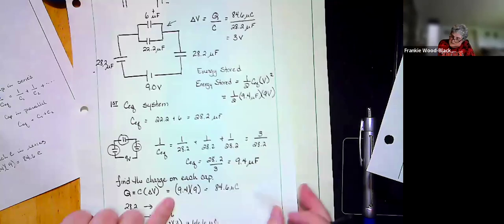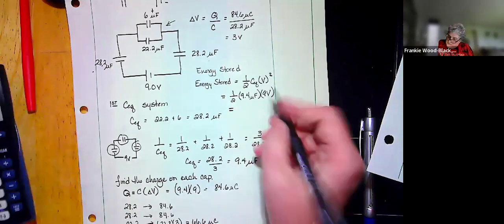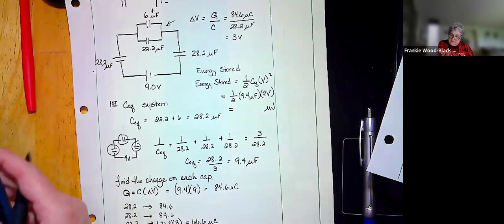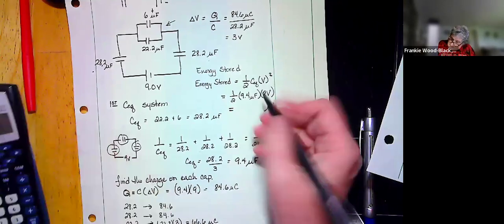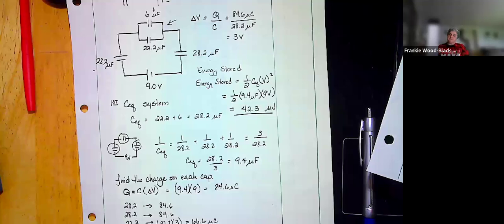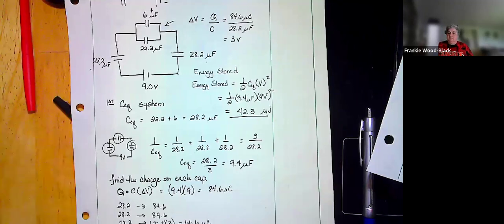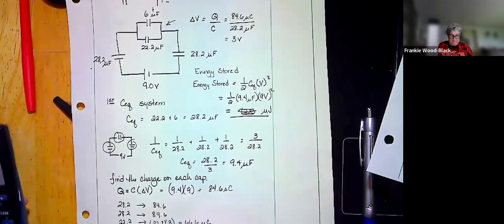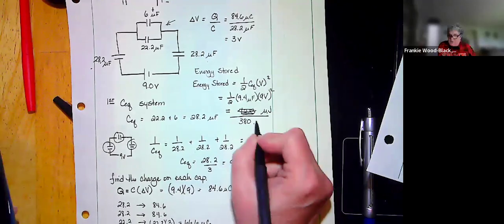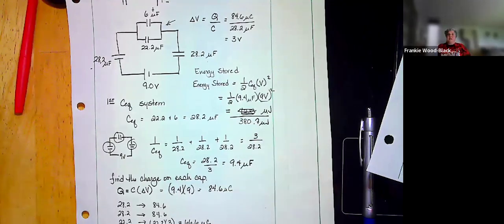And this will end up being microjoules. This gives us 42.3 microjoules would be the energy stored in our system. Oops, I forgot to square it. That's not the correct number. It's actually going to be 380.7 microjoules. I forgot to square my 9 volts when I punched it into the calculator.